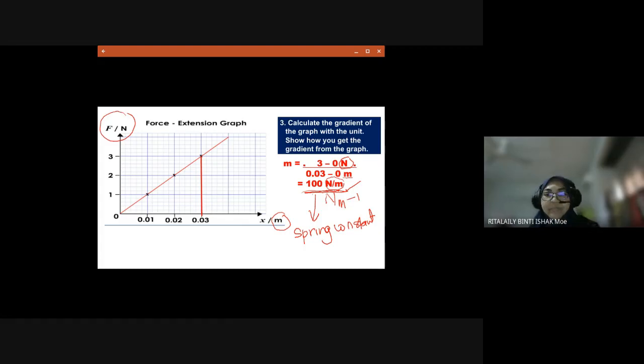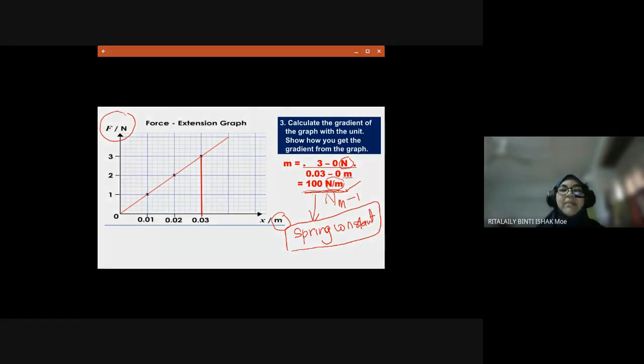Even though for this experiment you hang up to 100 Newton and this one you hang up to 50 Newton, when you calculate the gradient, you should get the same value because the same spring will have the same spring constant. Okay, so gradient of the graph for extension of spring experiment is spring constant.